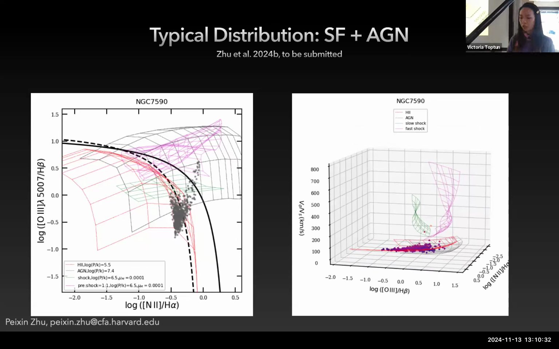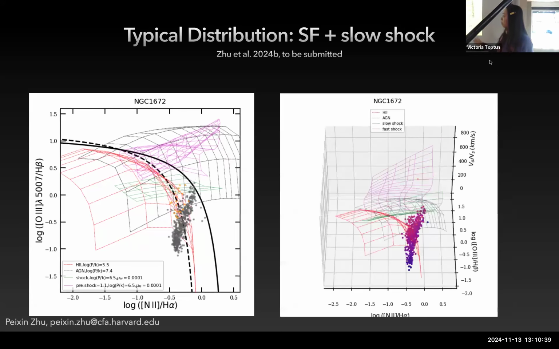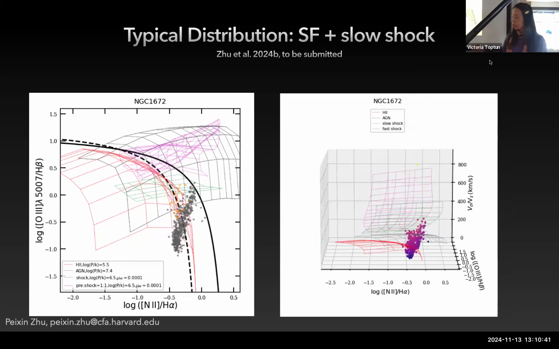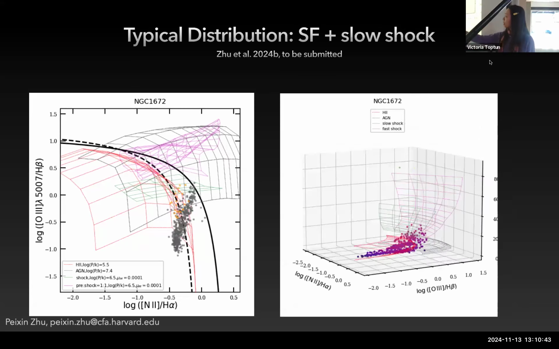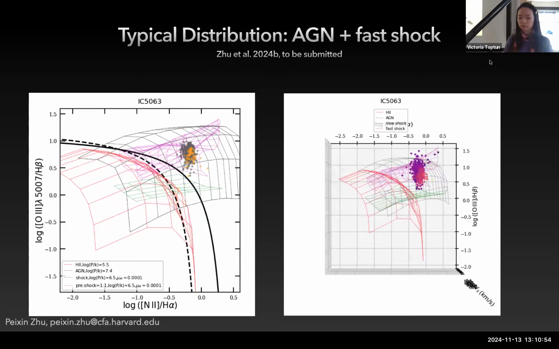You can exclude the presence of shocks in this case. This is also an example of star formation and slow shocks mixing, where you might think there are star formation and AGN on the left, but actually the higher O3/H beta points follow the slow shocks model, as you can see in the right plot.